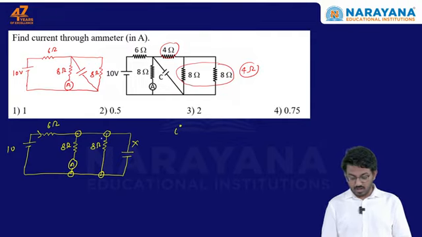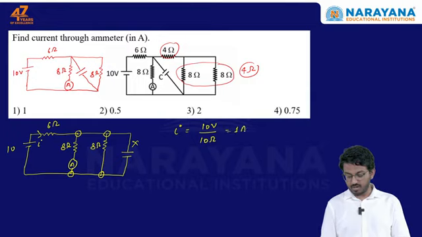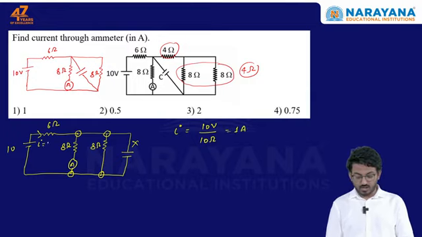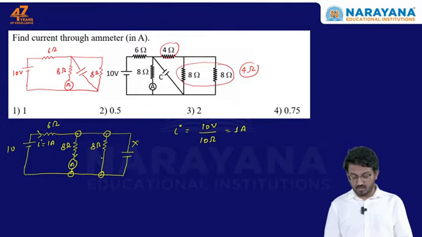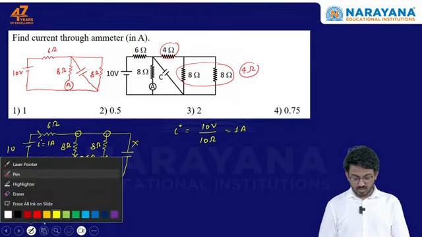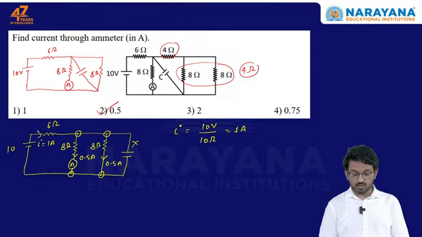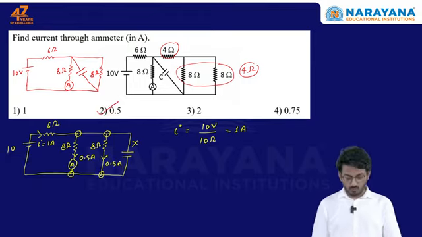So current I here comes out to be 10 volt divided by the equivalent resistance, which is 6 plus 4, 10 ohm, giving us 1 ampere here. So current I is equal to 1 ampere, and because the two resistors are equal, the current will divide equally here. So current here is going to be 0.5 ampere, and here also 0.5 ampere, giving the correct answer as option 2 here. So I hope this is okay.